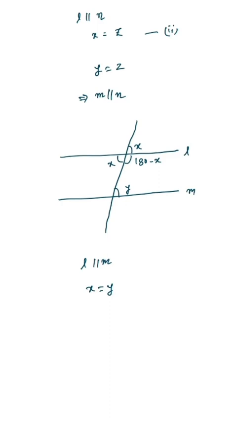Now we want to find out, if the pair is formed of 180 minus X and Y, what will be the sum of these two angles. Let's assign a random value like G to 180 minus X. Then our final expression will be G plus Y, and what is the value of it.